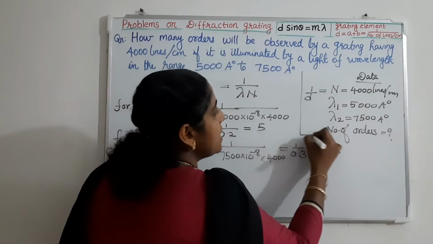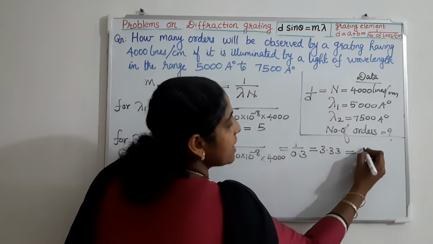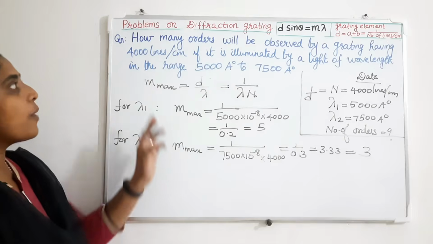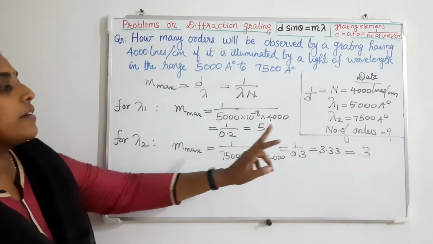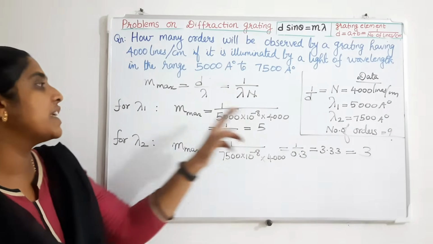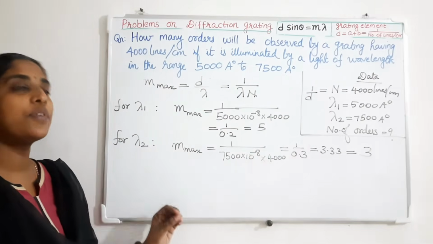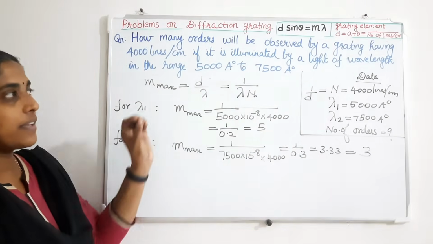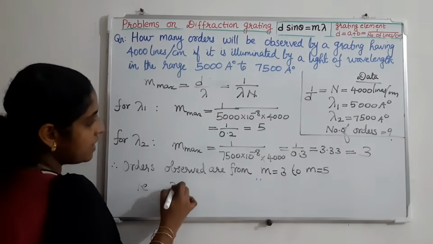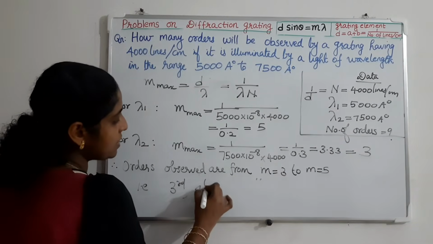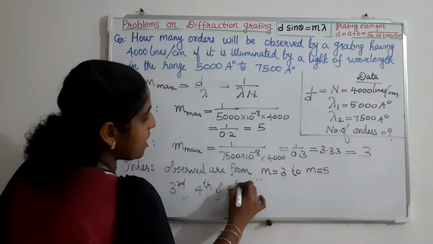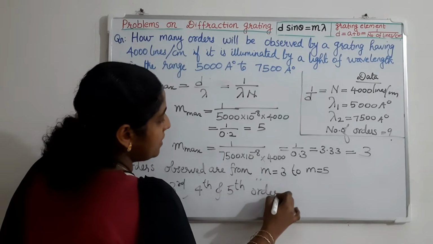If we get a decimal, take the lowest integer, that is 3. So the orders observable are from m equal to 3 to m equal to 5. That is, third order, fourth order and fifth order are observed. So the answer is third, fourth and fifth orders are observable.